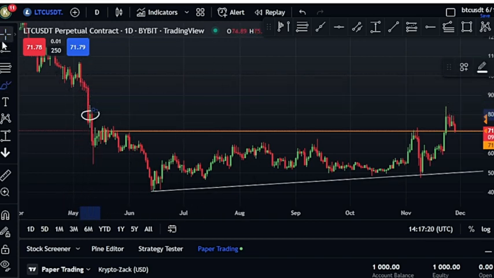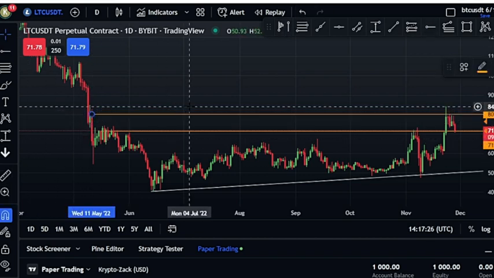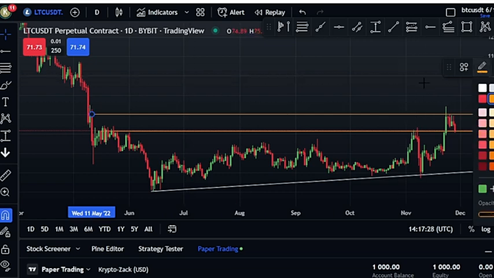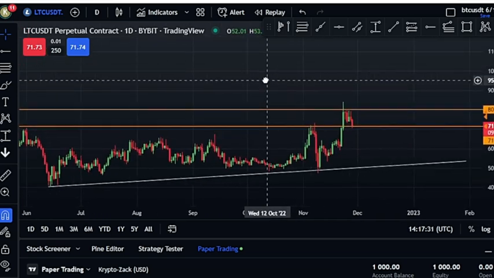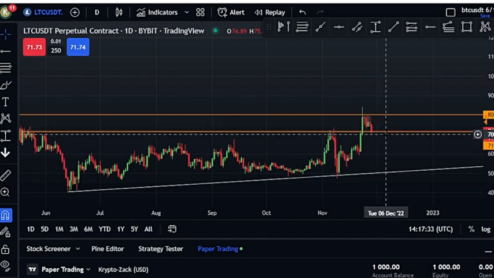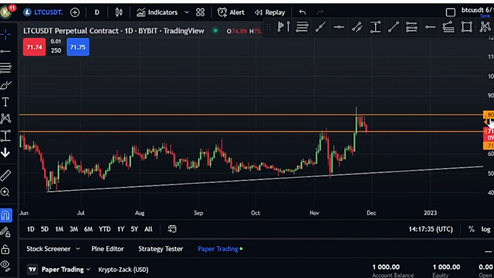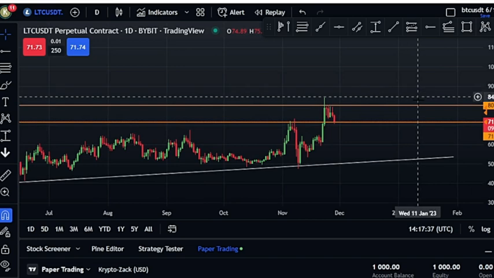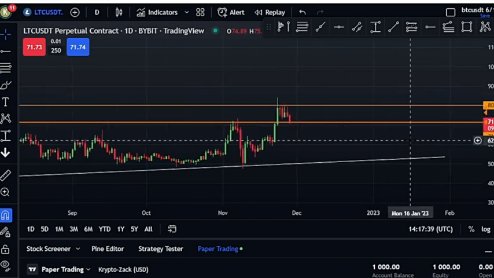So we're gonna put our line there. It's gonna be there, or we can leave it the same color. You can see that we're trading within this range, basically between $80 and $71 for the Litecoin price.